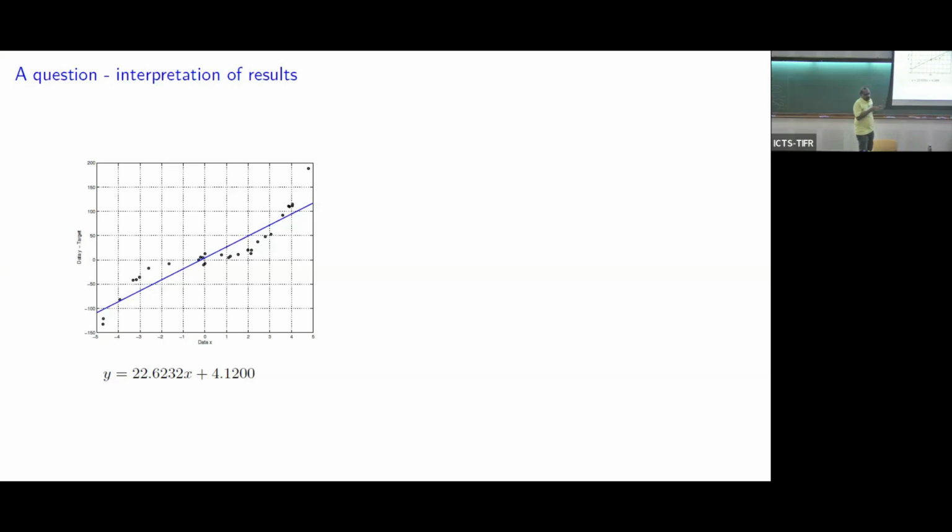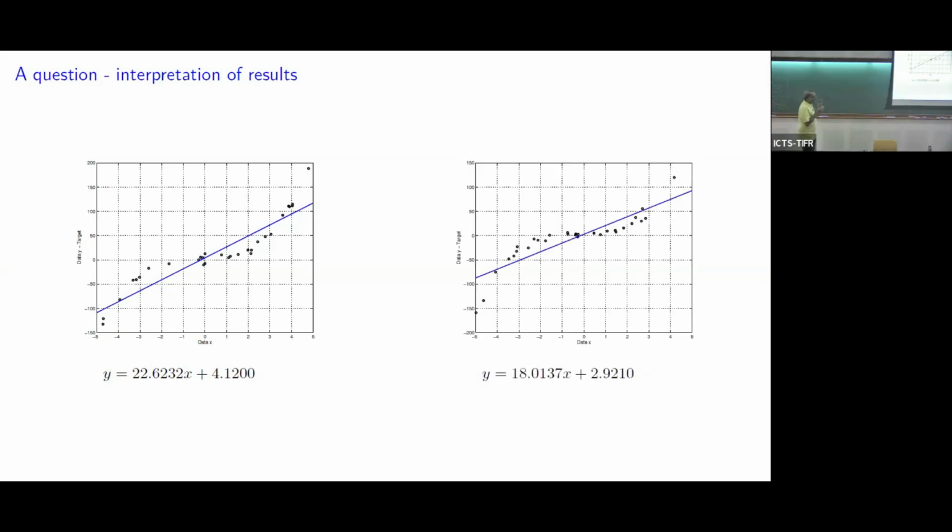So suppose I do this, and suppose now what happens is that I take another sensor and collect some other data. It is coming from the same system, but it is collected using another sensor, which has maybe a slightly different amount of noise and things like that.